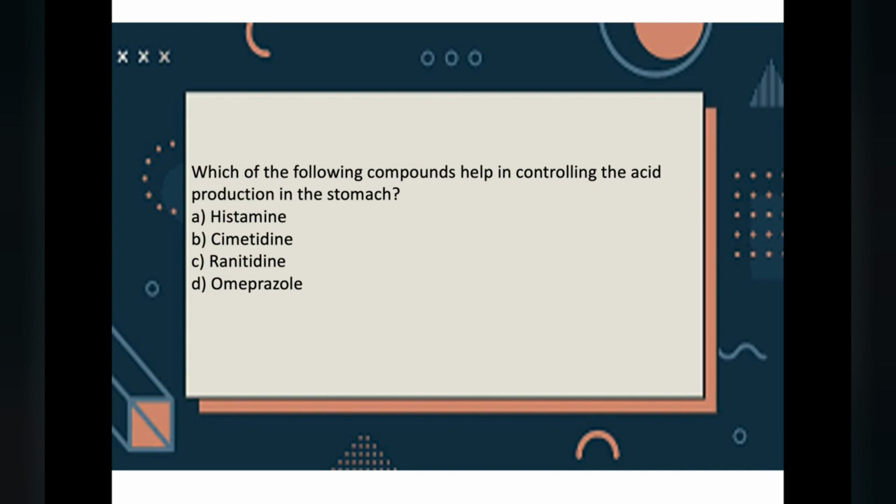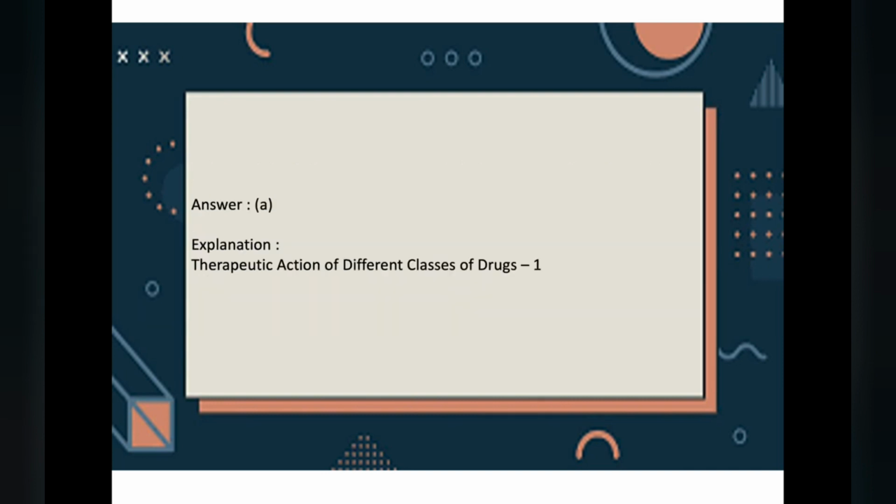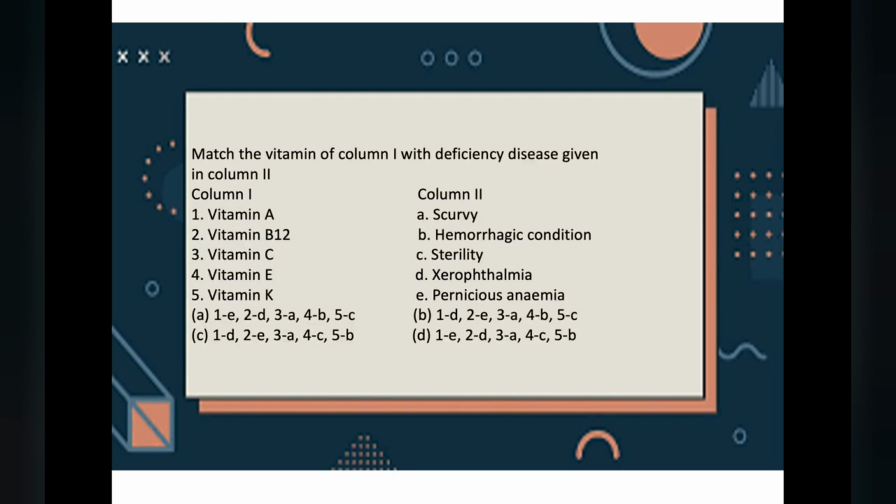A, histamine, B, cimetidine, C, ranitidine, and D, omeprazole. The answer is histamine, A. Why? Because the therapeutic action of drugs, different classes, is coming in another unit, unit 16 of class 12. We'll be discussing that later. So the choice is A.